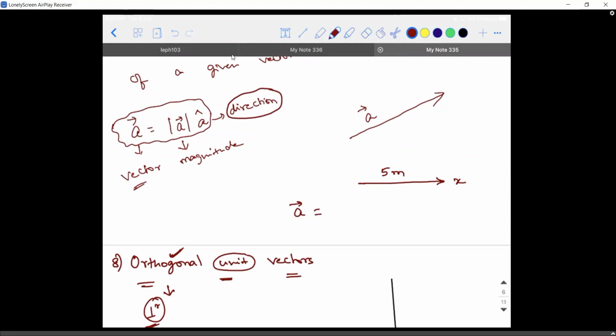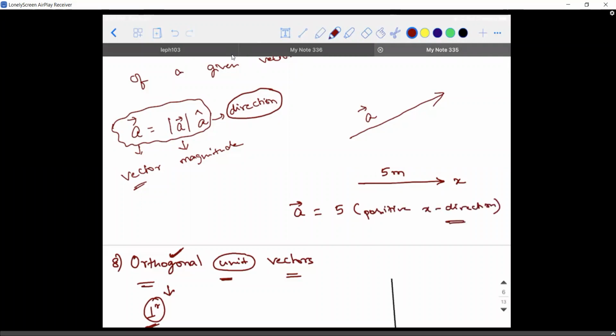The displacement has magnitude 5 units, in which direction? In the positive x direction. Am I right, guys? Yes, sir. So you write it as the positive x direction.